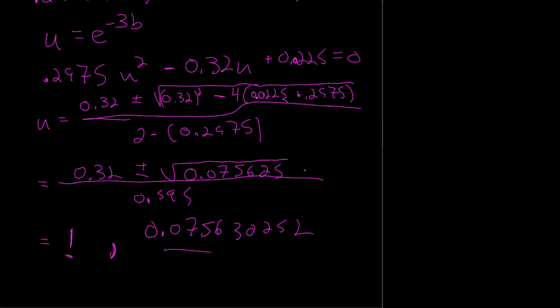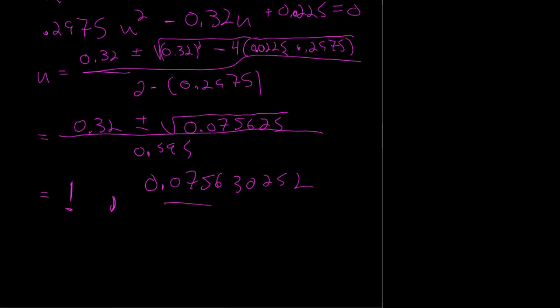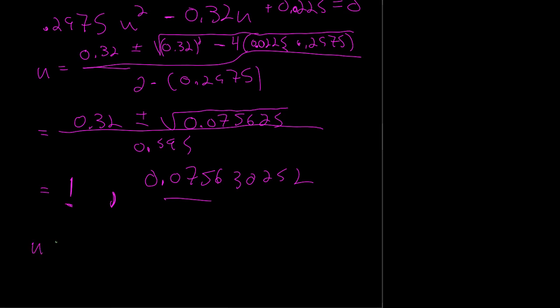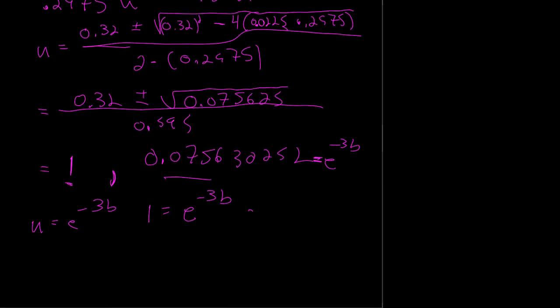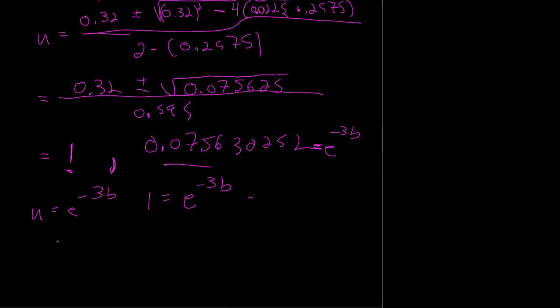So these are our two possibilities. But remember, this was u equals e to the negative 3b. So I get 1 equals e to the negative 3b. To find out what b is, I take the natural log of both sides.